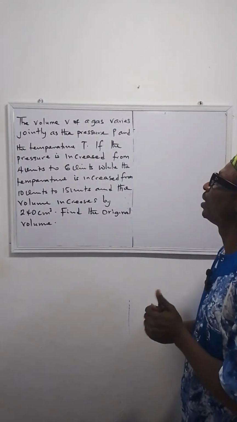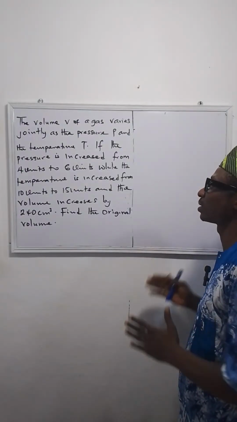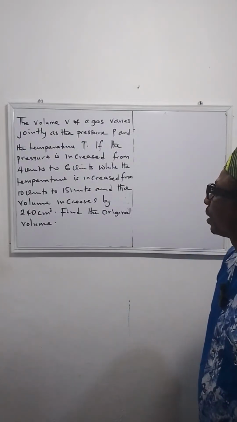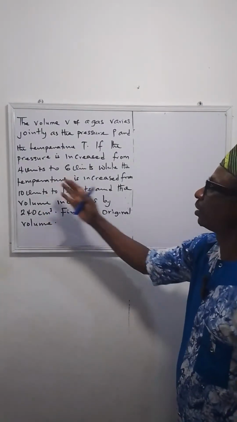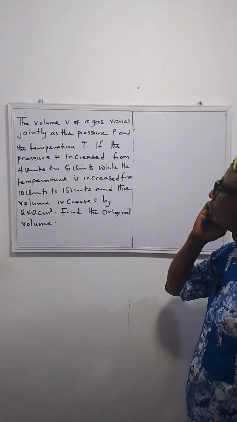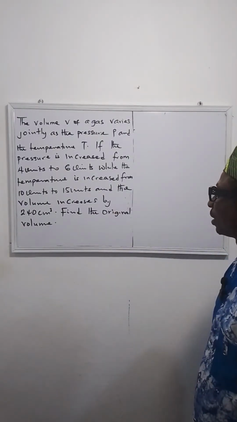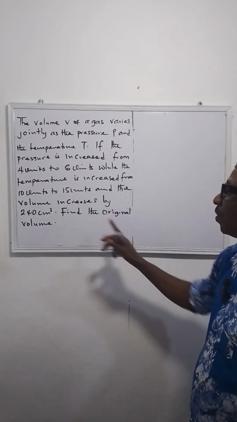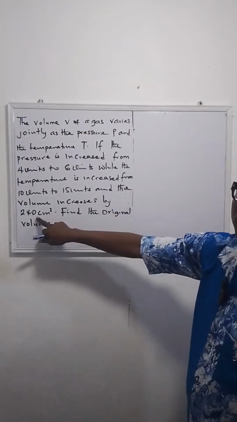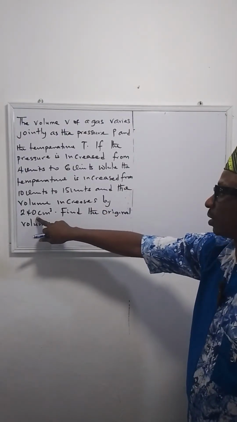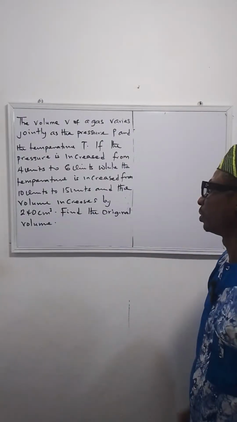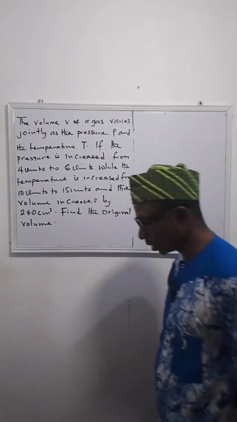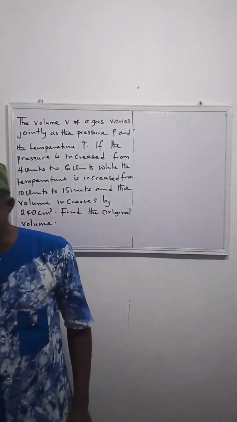Now, the volume V of a gas varies jointly as the pressure P and the temperature T. If the pressure is increased from 4 units to 6 units, while the temperature is increased from 10 units to 15 units, the volume increases by 240 centimeter cube. Now you have to find the original volume. So how do we solve this problem?